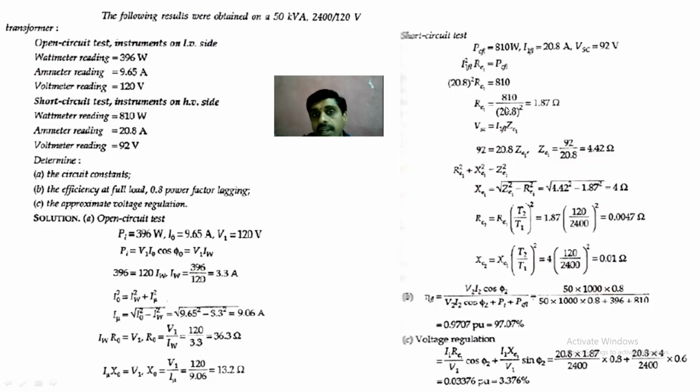So we got R01, and from Vsc we will get Z01. So R01 square plus X01 square equals Z01 square. From that you can calculate X01. These all refer to the primary.